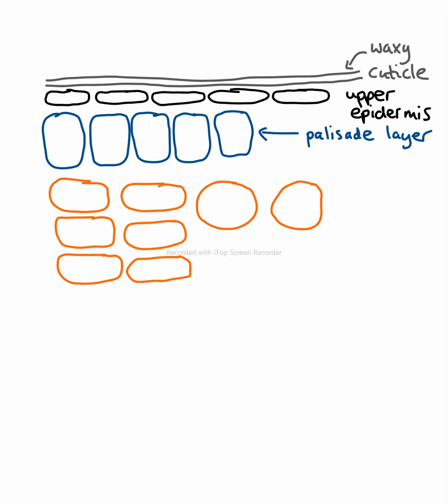Let's write that down here. So that there is the spongy layer. It's part of the mesophyll layer. Most people call it spongy mesophyll or mesophyll layer. And if you notice that there's gaps, this allows diffusion to take place, but we'll come to that.